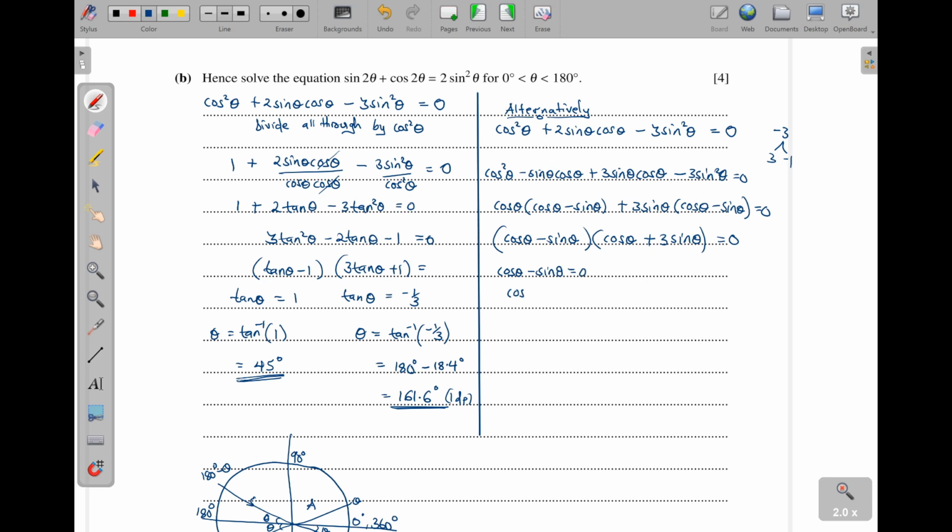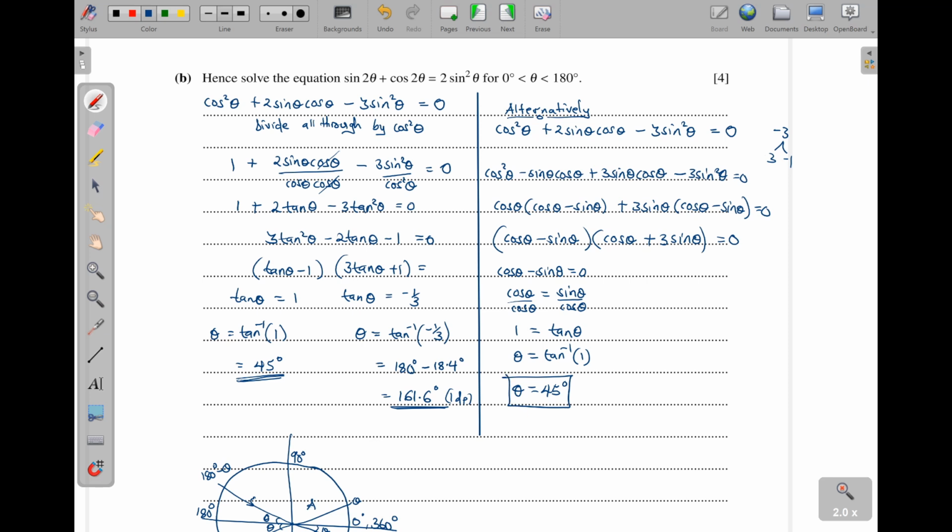You have cos theta equal to sine theta. You can now divide all through by cosine of theta. But what do you get here? 1, then here tan of theta. So meaning theta is going to be the arctan of 1. Then theta becomes 45 degrees.